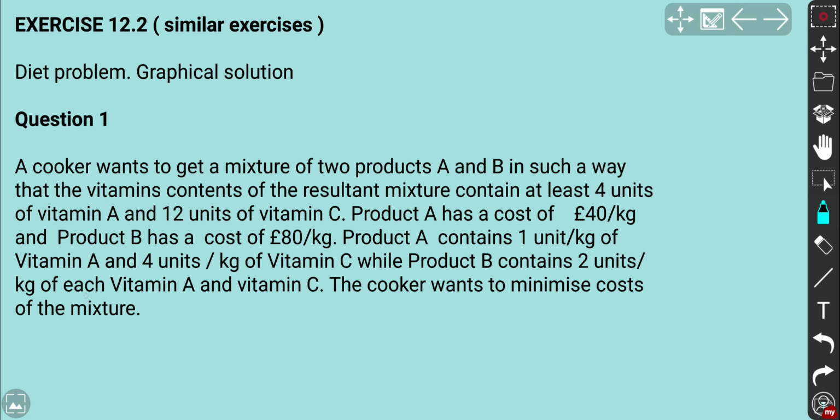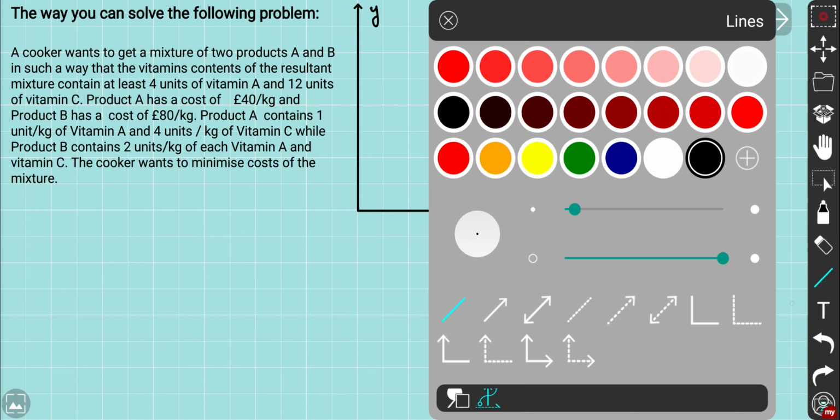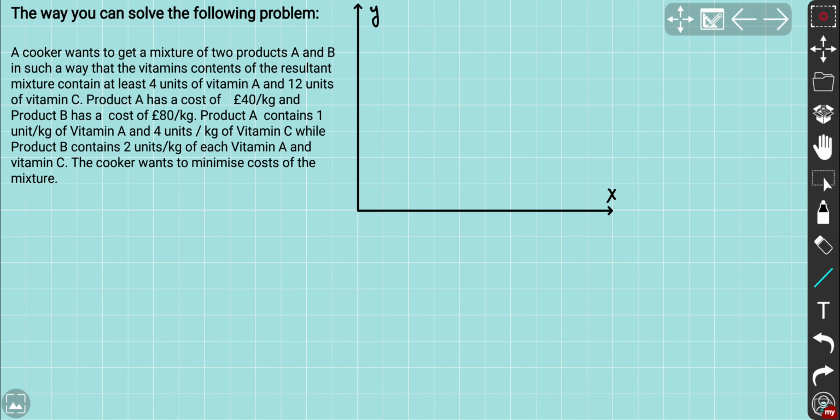Okay, let's have a look at the solution that we might have. First of all, the general way to do that is to create a table. We can set up a table that lists the products and also the concentration of vitamin A and vitamin C for each.